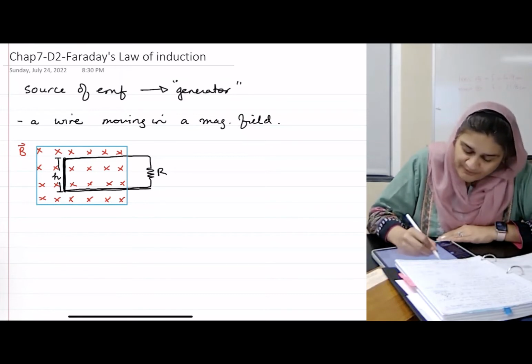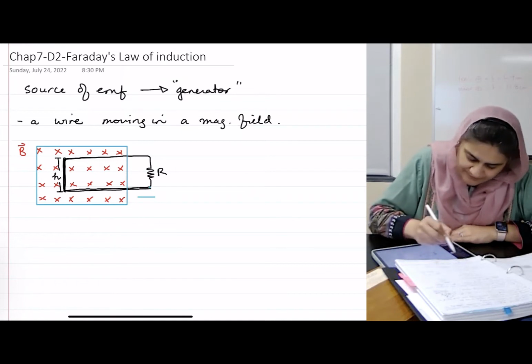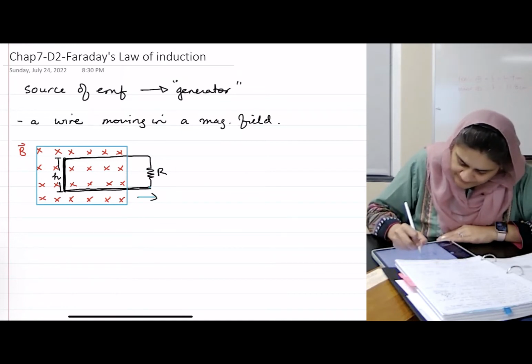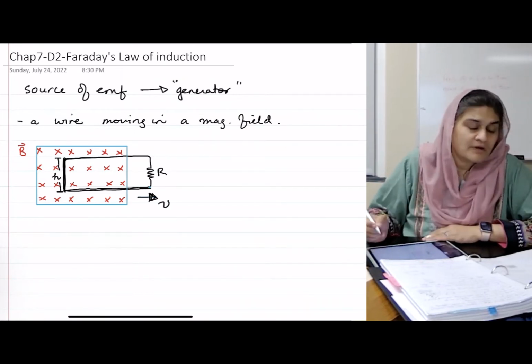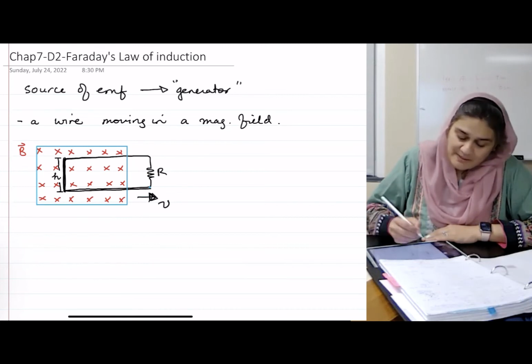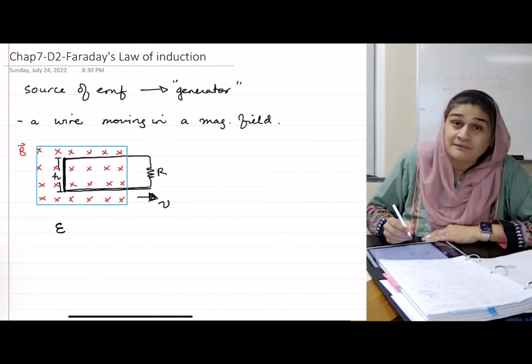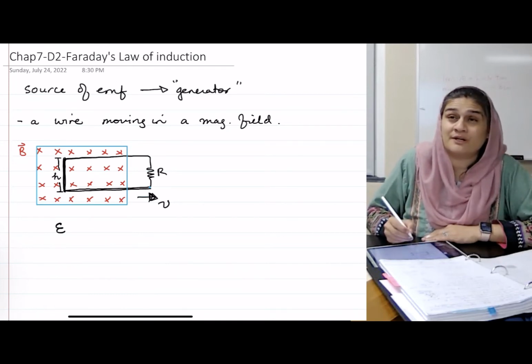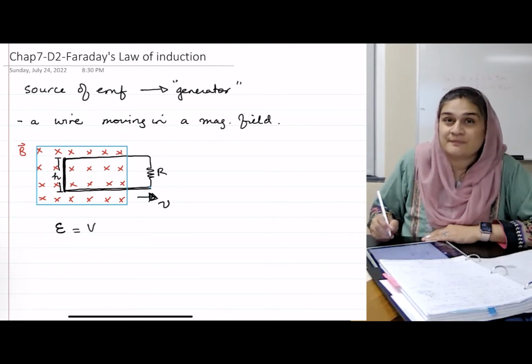And I'm moving my wire towards the right with a speed, say V. So for this case, may I write E, my electromotive force, which is equivalent to potential difference, right?